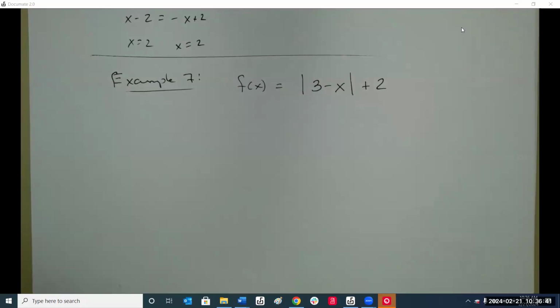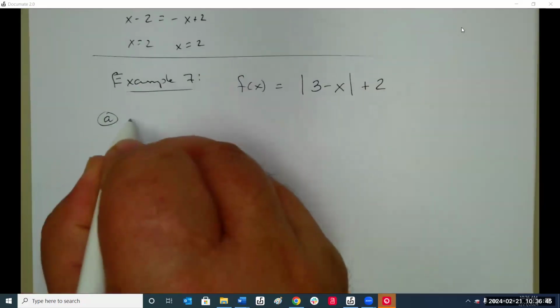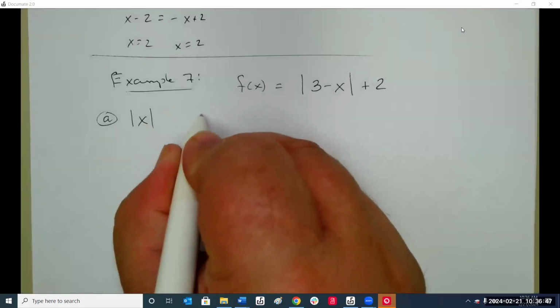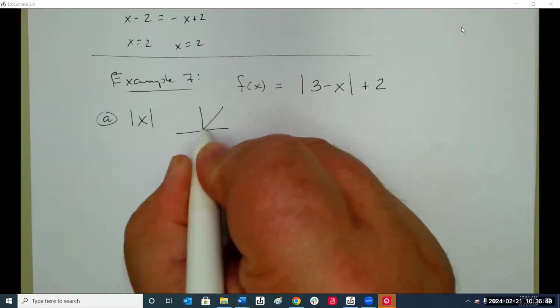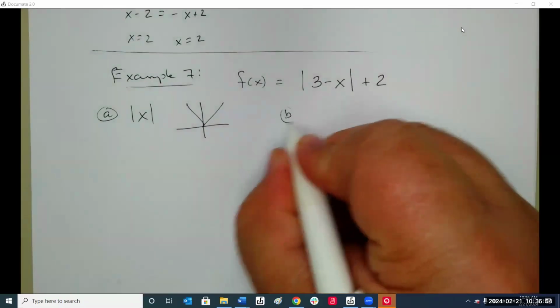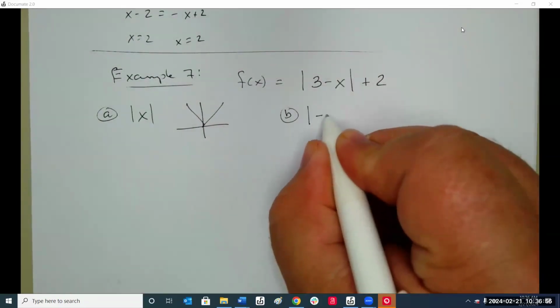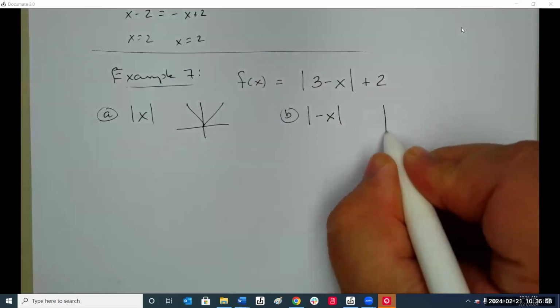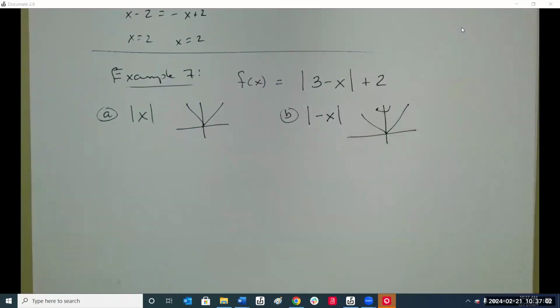So when we rotate it, we get the same value. We get the same graph. So our basic graph is absolute value of x. When I change the sign of x and I rotate it about the y-axis, I get the same graph because it's an even function.